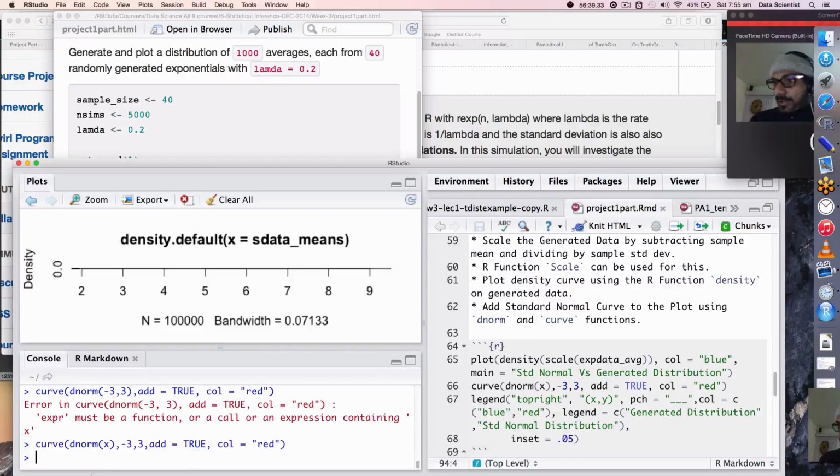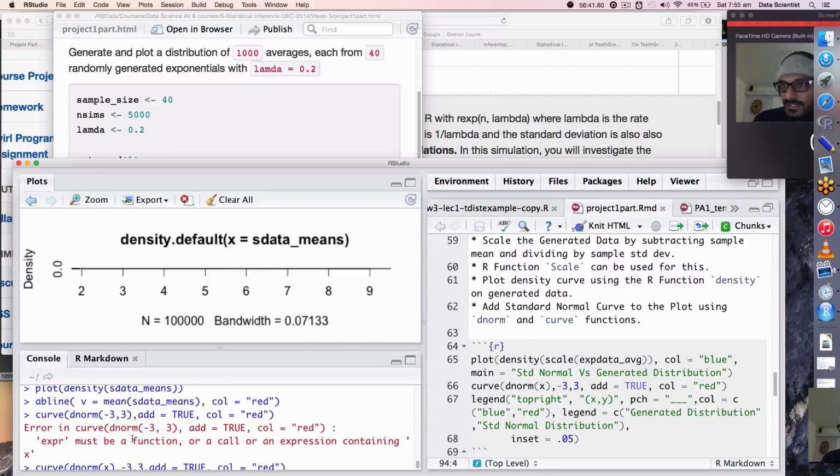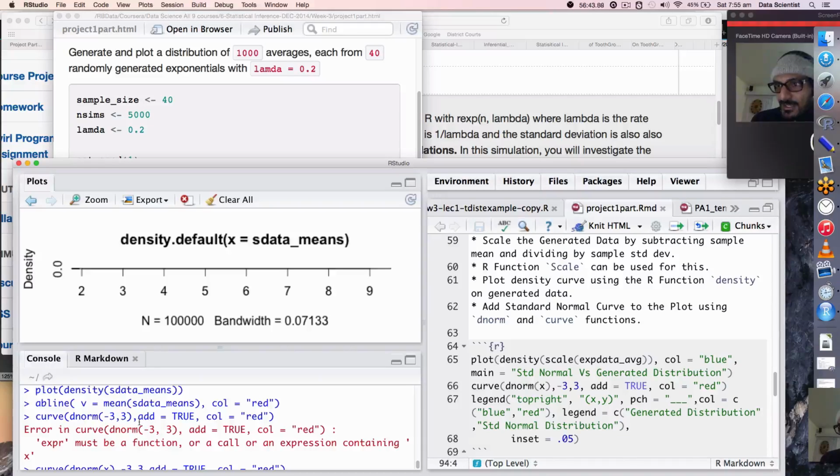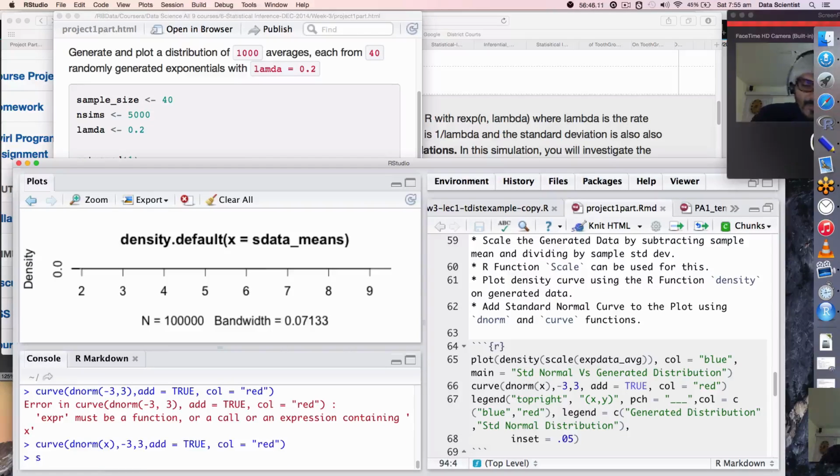Okay. So what I did is, let's say, what was my data? My data was S data means, right? So I say S data STD, standard normal, would be what? S data underscore means minus the mean of this data, right? I say mean of S data underscore means, all right? Divided by, I divided by what? The standard deviation of this data, right?